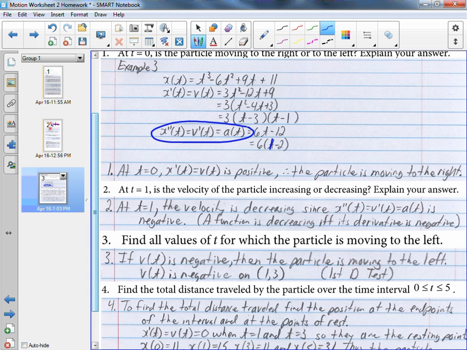So I kind of explained that first. If v of t is negative, then the particle is moving to the left. Now, a note from me to you: notice they didn't say I had to explain it. Well, I assume they mean that. If they don't say to explain it, I don't have to. Okay? So for me to you, it's the first derivative test.